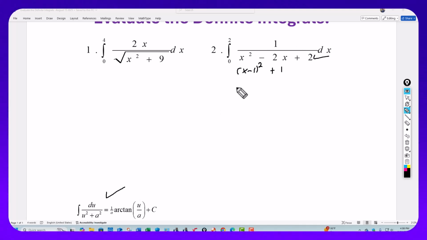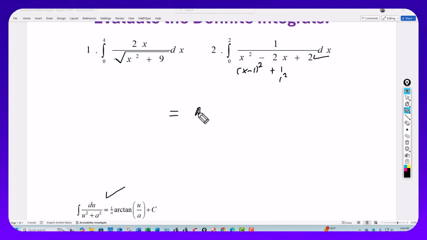The u squared, that's x minus 1 squared. And then the a squared, right here, 1 can be written as 1 squared. So there we have it. So I can go directly to that formula now. Say this is going to equal 2. Don't have to change the limits of integration here because I didn't write u there. I left it as x minus 1.